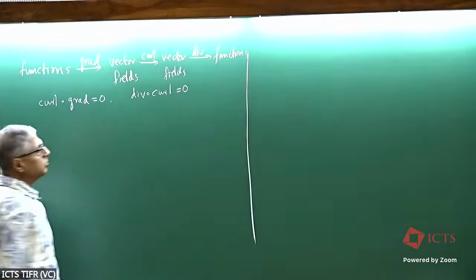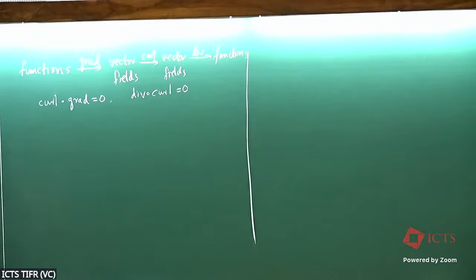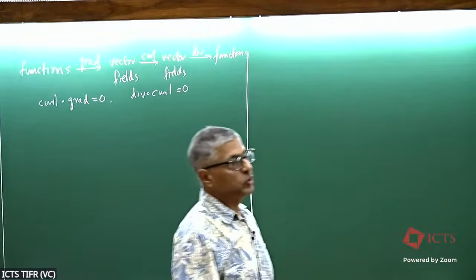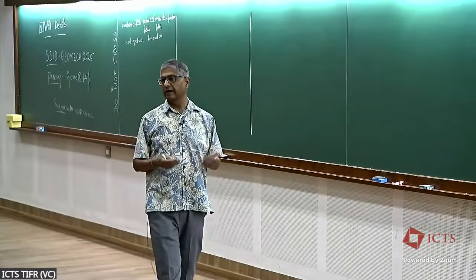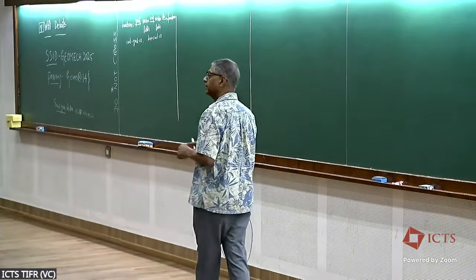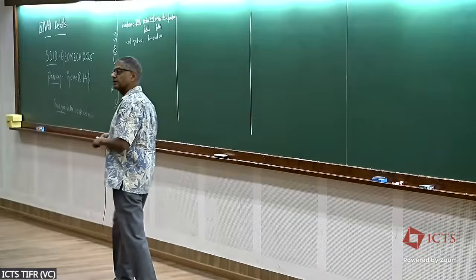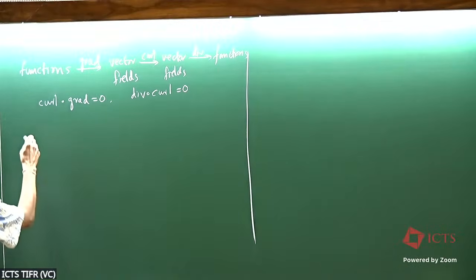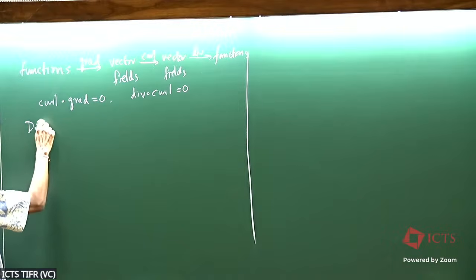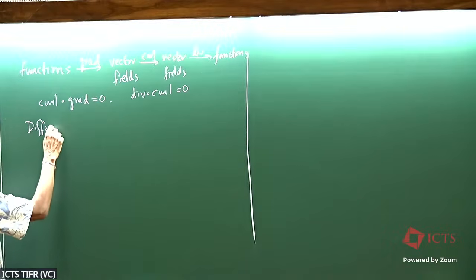So if you're trying to build a discrete theory, and you're trying to discretize the differential operators and you say, here's my curl and here's my grad and here's my div, then it had better be that this property is satisfied. This is an example of a differential complex. This property is called the complex property.